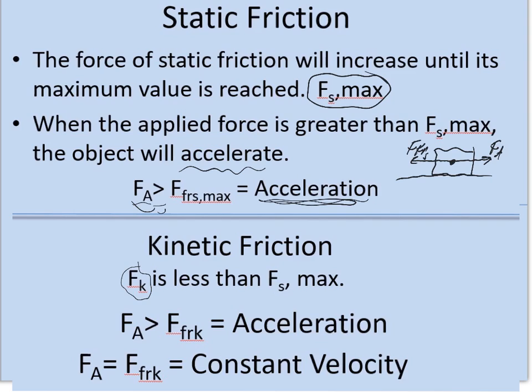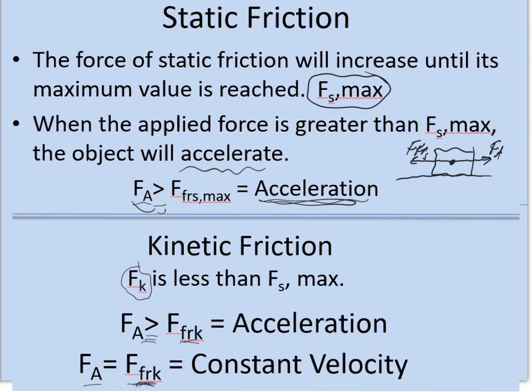So the kinetic friction will slow the car down, causing it to come to a stop. But as long as you keep applying a force greater than the kinetic friction, the car is going to accelerate. If you want to push it at constant velocity, straight line, no speeding up, no slowing down, then you would have to make the applied force the same as the kinetic friction force.